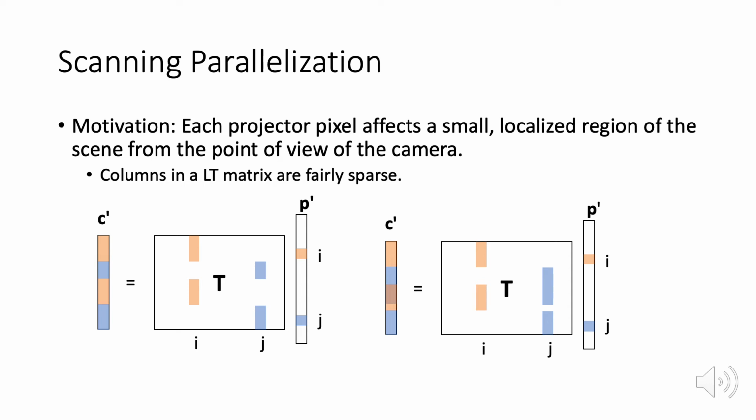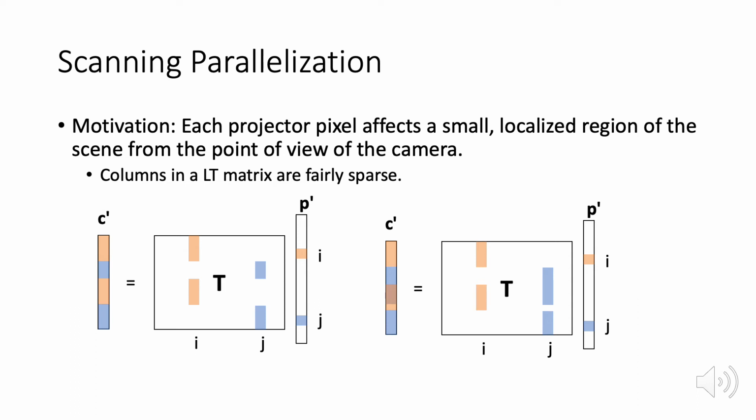And here comes another column J. Similarly, only a small part of J, I mean the blue part, contains non-zero values. So if we light up J simultaneously, we will get a mixture of the orange response and the blue response.